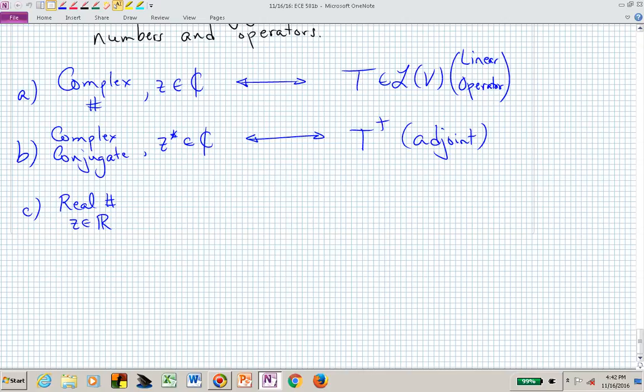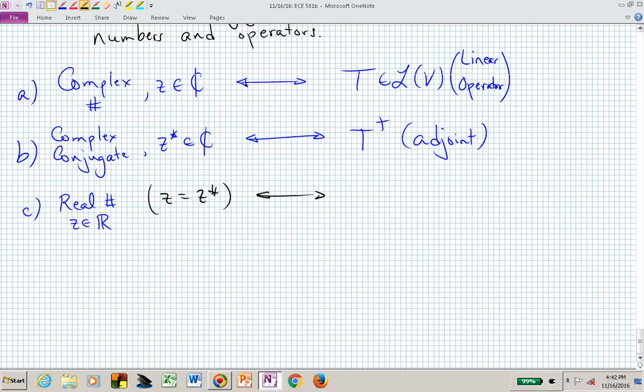If we now have Z being real, then what do we have relative to the operator? If we equated the two, that's really what we're saying, right?